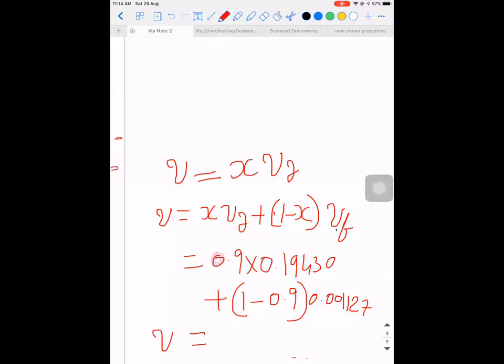Sir, around 95 people are there and no response. Yes, sir, please type it. Someone has given 0.1749, 0.1748. Okay, no problem, sir. Small difference. It's only a rounding up problem.